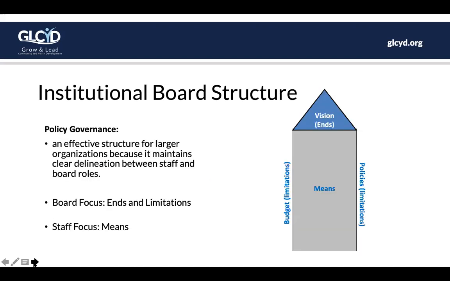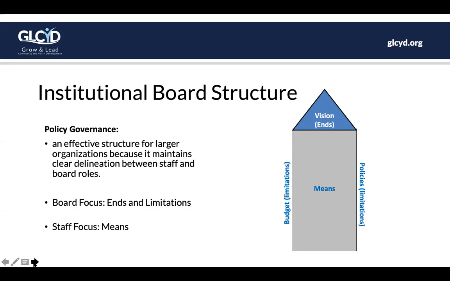And the last one is the institutional board. So you may have heard of this one referred to as Carver model or policy governance. You'll see this in really big institutions, right? University boards, some school boards, co-op type organizations. And in this structure, we have the board setting limitations and staff doing everything that is not related to the vision.